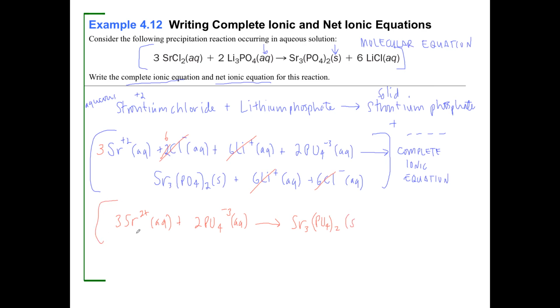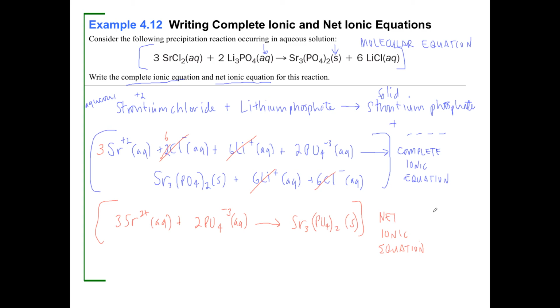Okay, and this is the net ionic equation. All right, this is going to require some practice. I guess I say that a lot, don't I? I think it's always true.